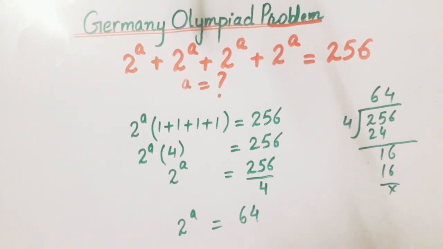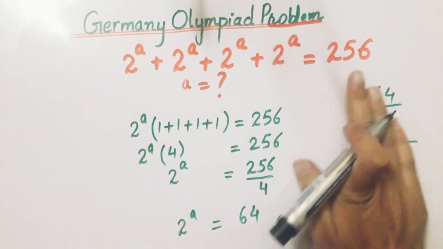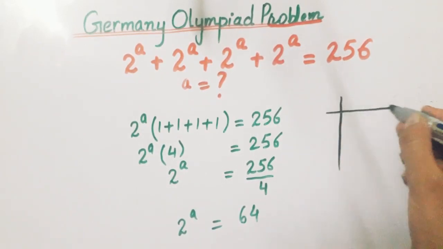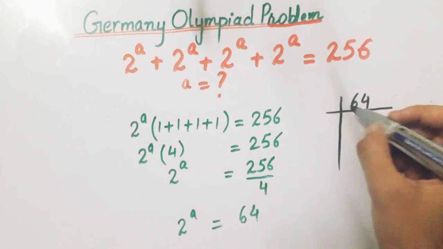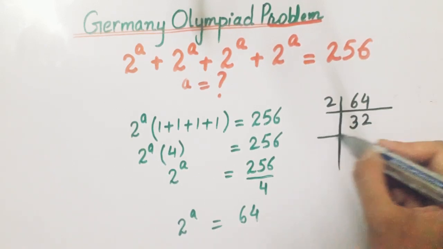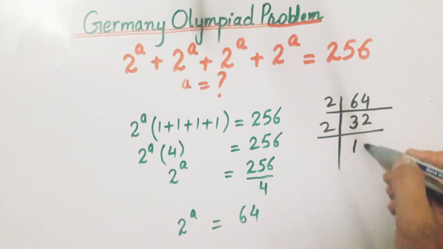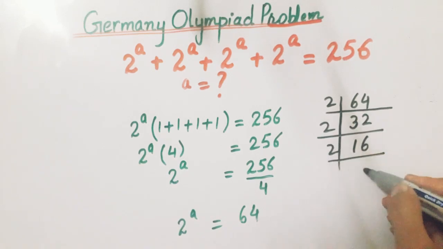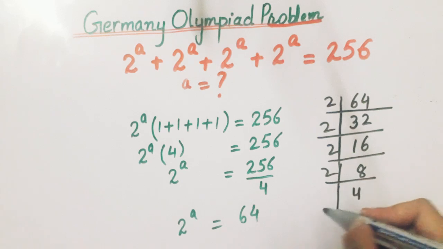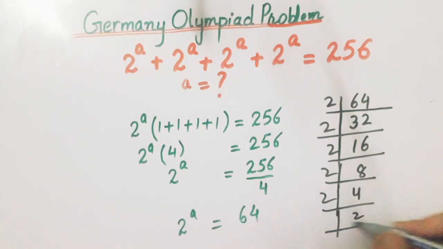Now in the next step we will take the LCM of 64. We get 2 3s are 6, 2 2s are 4, then 2 1s are 2, 2 6s are 12, 2 8s are 16, then 2 4s are 8, 2 2s are 4 and 2 1s are 2.